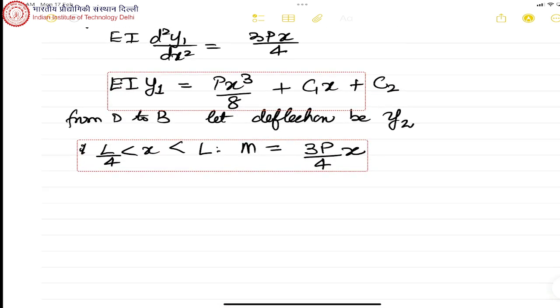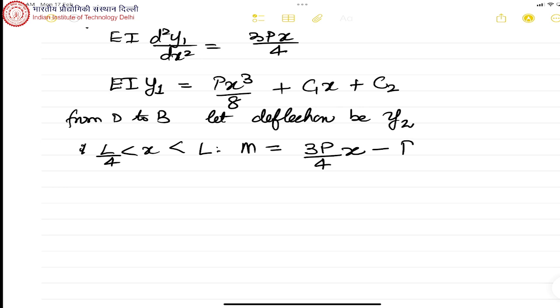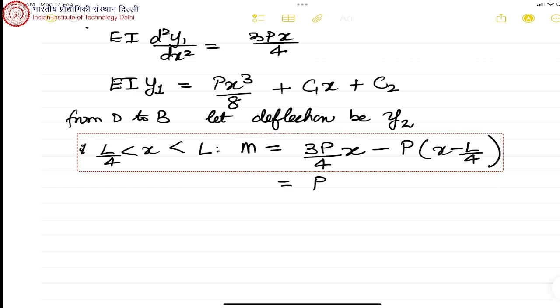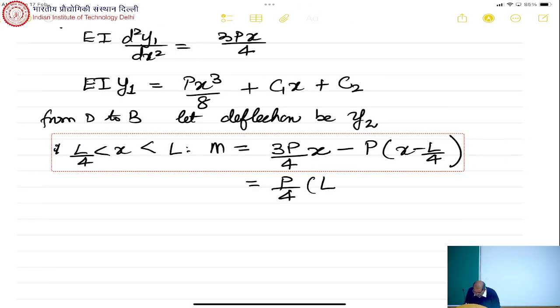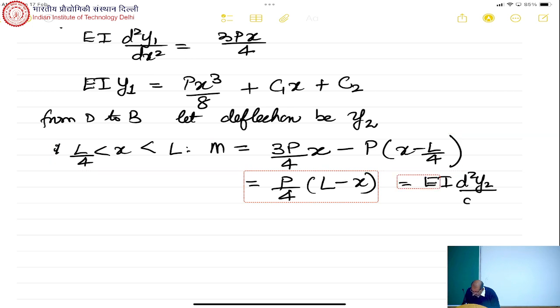So this becomes equal to P by 4 times L minus x, and this is equal to EI d2y2 by dx square. Okay.